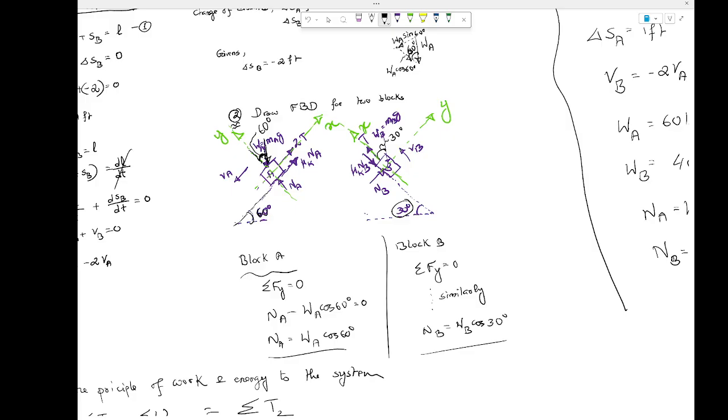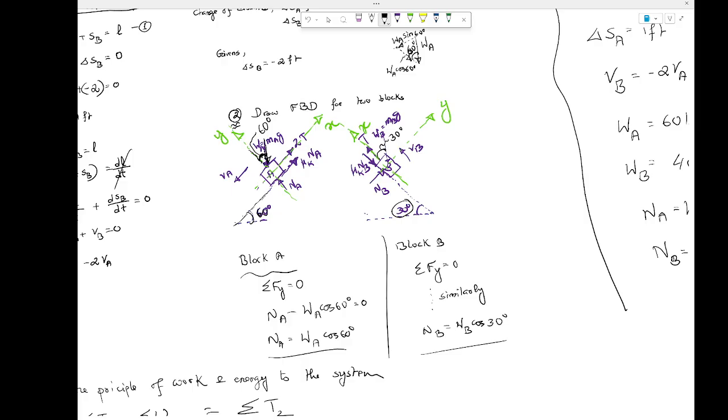No. So why did we bother to deal with the y direction? To find the normal force. And why did you need the normal force? To find the friction force, which is in x direction. Can you understand? So these are all linked together. So y direction we only bothered because we need the normal force.